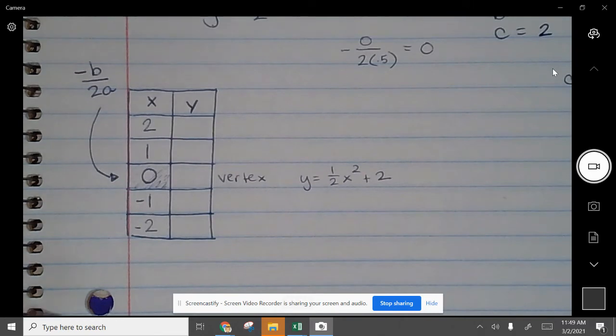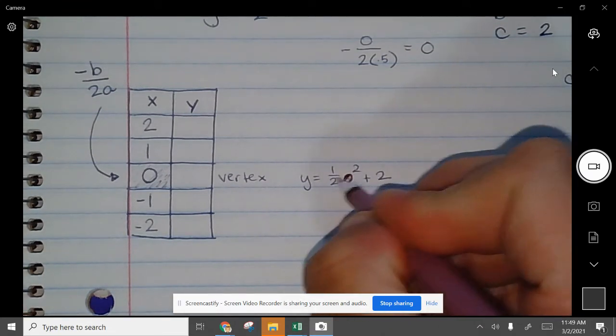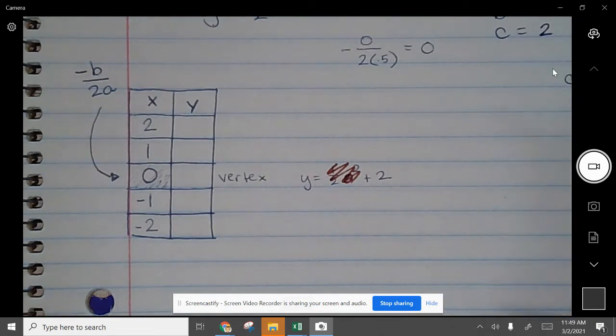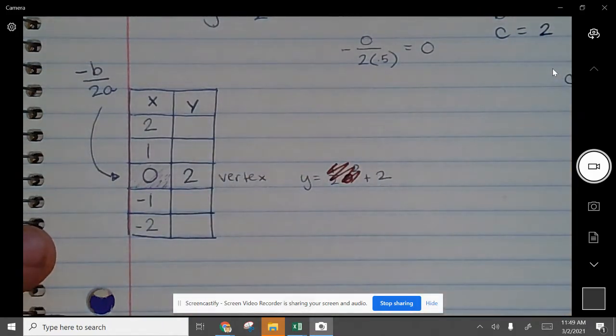That's always nice. The 0 is going to go right here. And 0 squared becomes 0, and then 0 times 1/2 becomes 0. So all of that gets eliminated. So what's left? Y equals 2. And that's also your y-intercept, right? 0, 2, that's going to be your y-intercept.